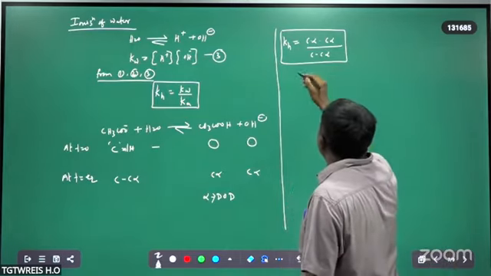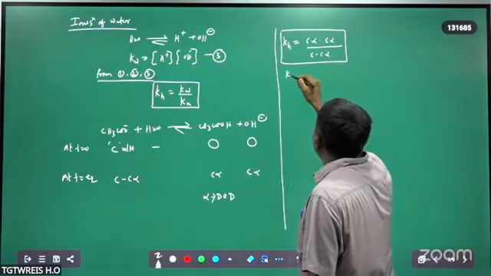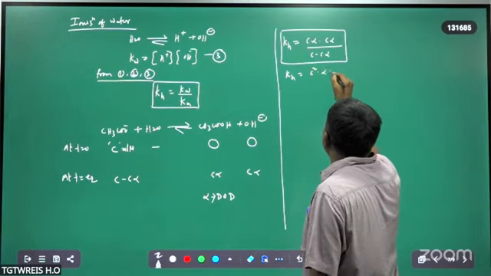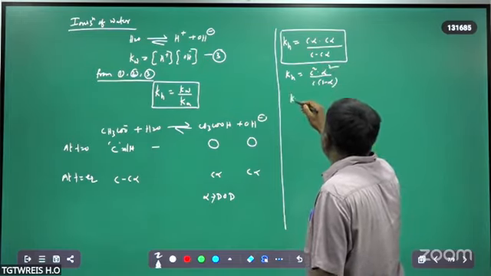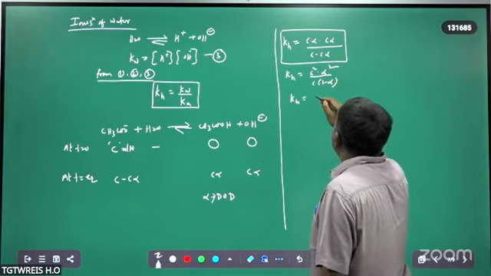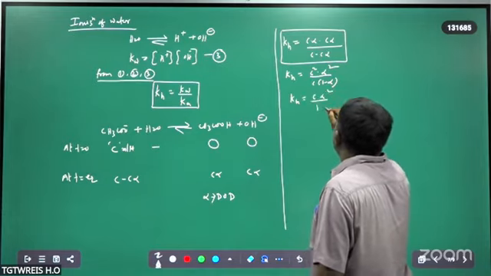So KH is equal to acetic acid concentration C alpha, and OH minus ion concentration C alpha, by acetate anion concentration C minus C alpha. So KH is equal to C square alpha square by C into 1 minus alpha. The C's get cancelled now. So KH is equal to C alpha square by 1 minus alpha.